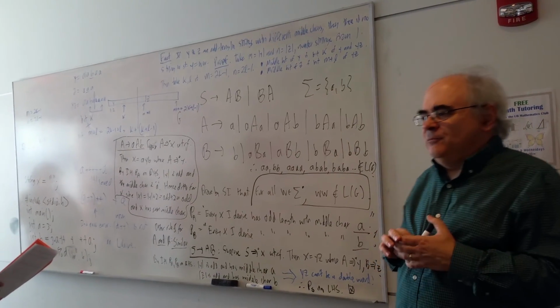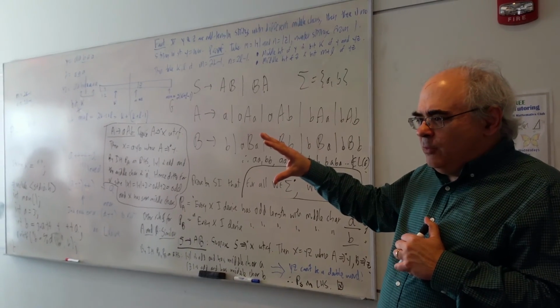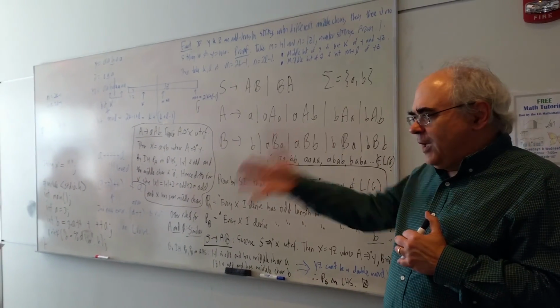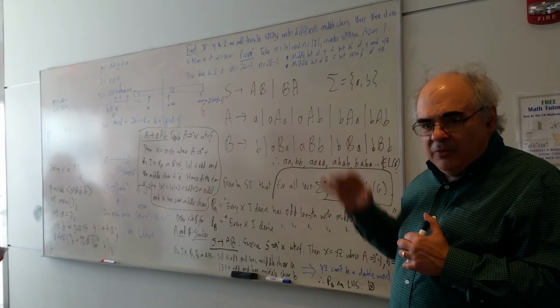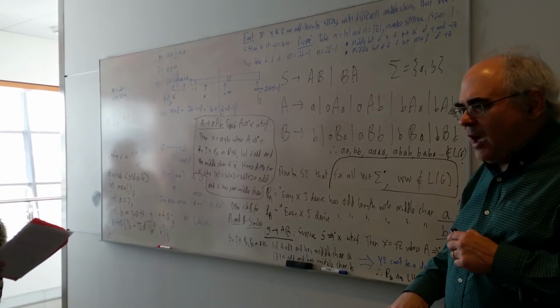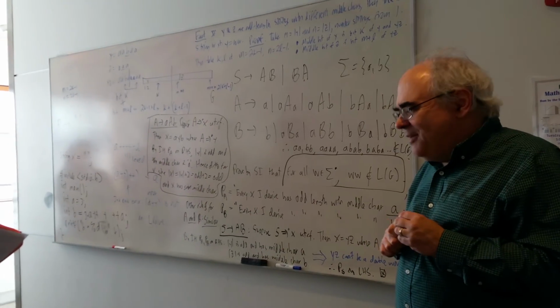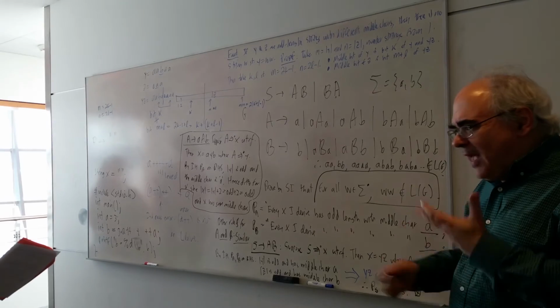Each variable has the one language. So the S variable is for the language congruent to 0, the A variable is for the language congruent to 1, and the B variable is for the language congruent to 2, which is the same as congruent to -1, mod 3.